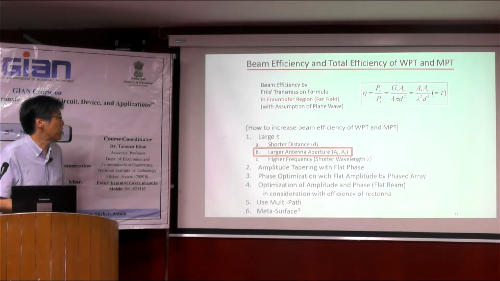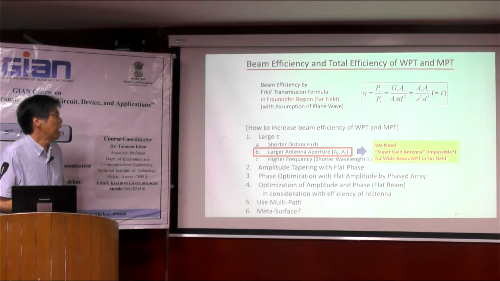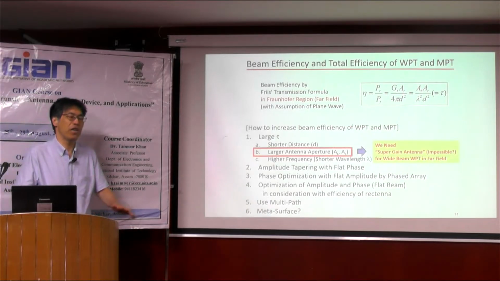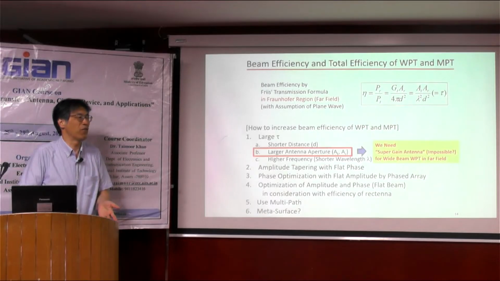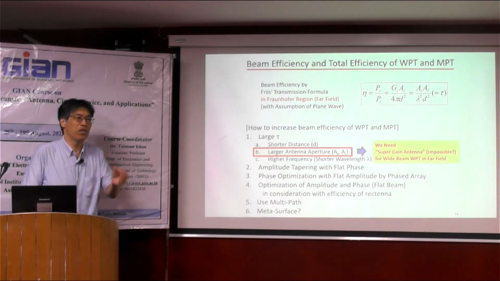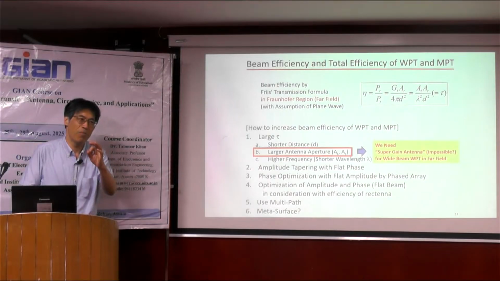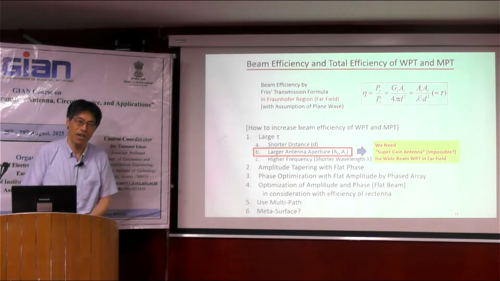So for example, if we put a larger antenna, but if we request a 1 meter antenna as a business, we cannot do it. For the business or for users, we need a very small antenna. But based on this Friis transmission formula, we need a larger antenna.